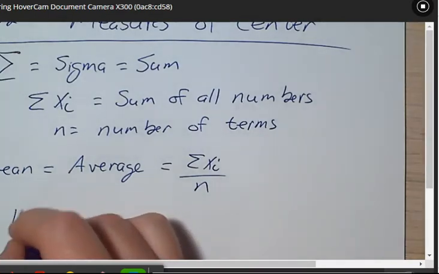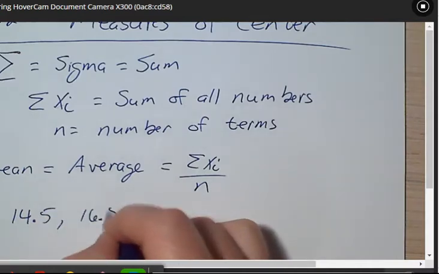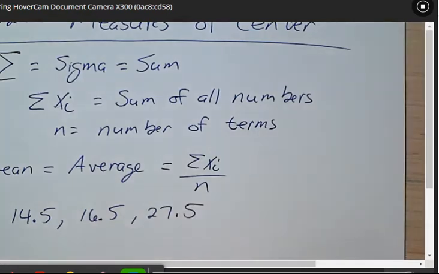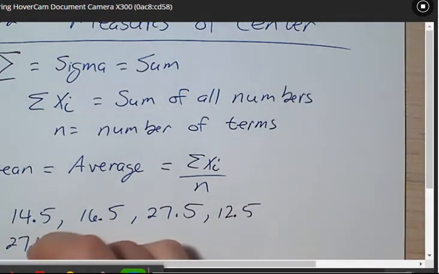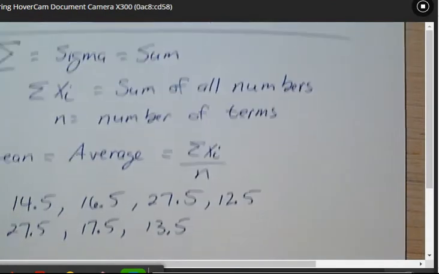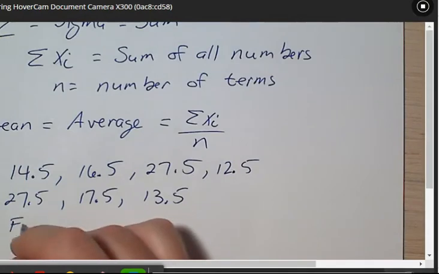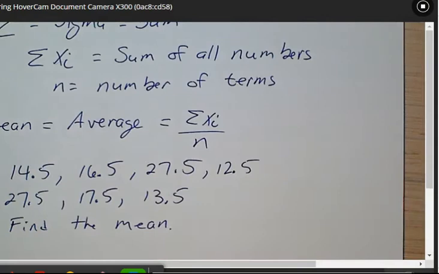Let's say that you have 14.5, 16.5, 27.5, 12.5, 27.5, 17.5, and 13.5. And I'll tell you to find the mean.